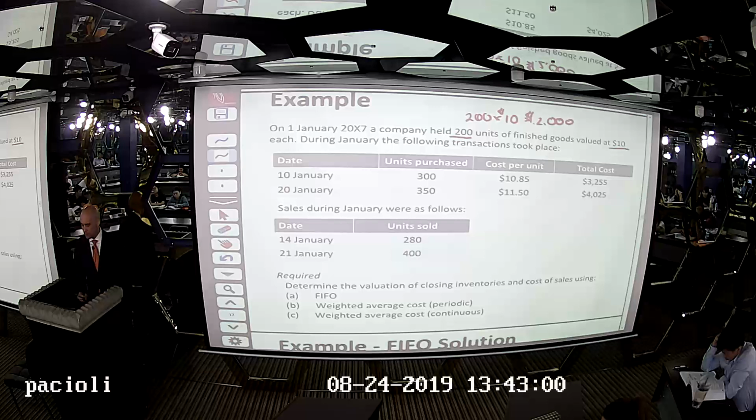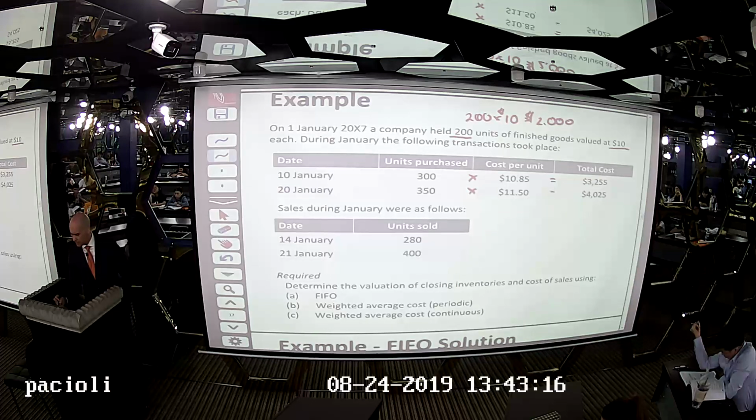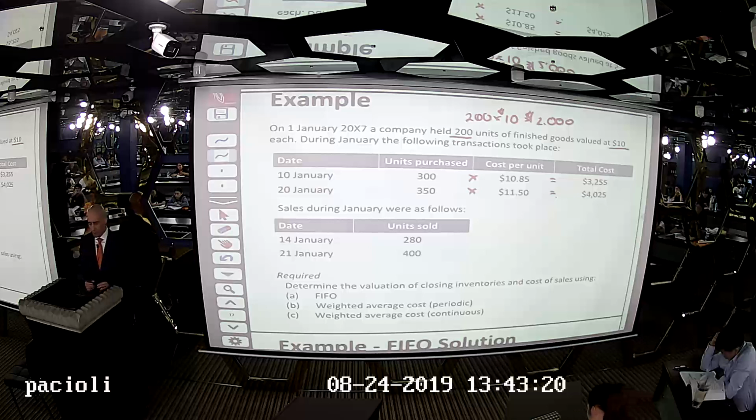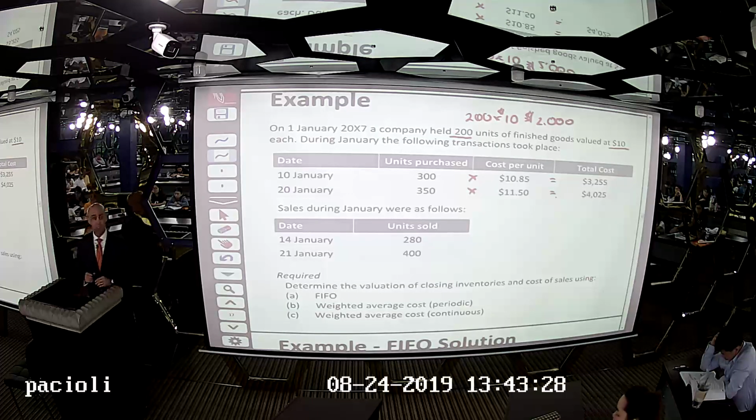On 10 January, we purchased 300 at $10.85 for a cost of $3,255. And then on 20 January, we bought 350 at $11.50, so that's $4,025. During the month, on 14 January, we sold 280, and then on 21 January, we sold 400.